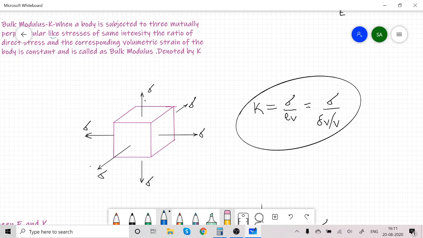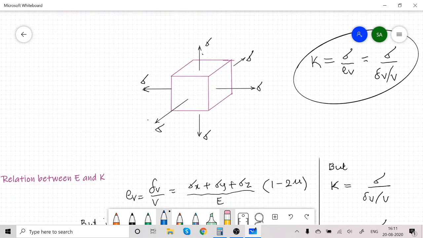All the three stresses are equal and all are like stresses, means all are tensile. Then in that case the ratio of the stress to the volumetric strain is constant and that is known as bulk modulus K.